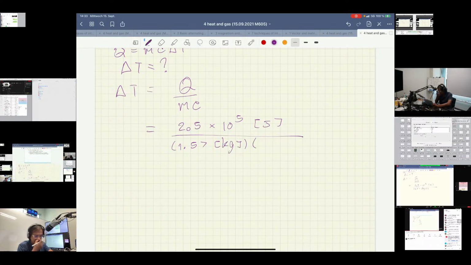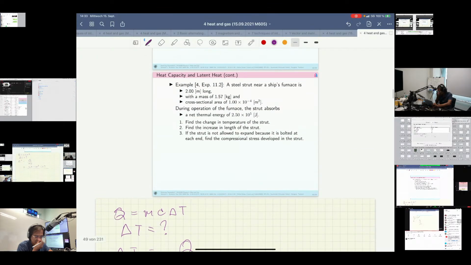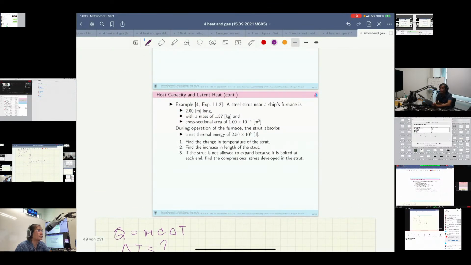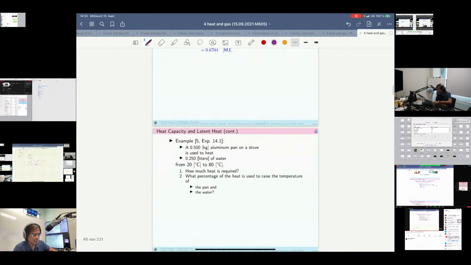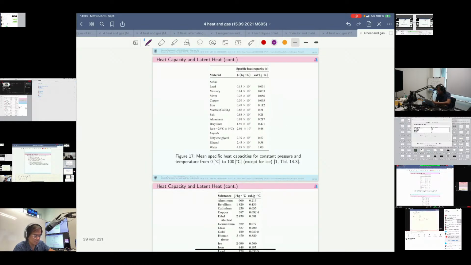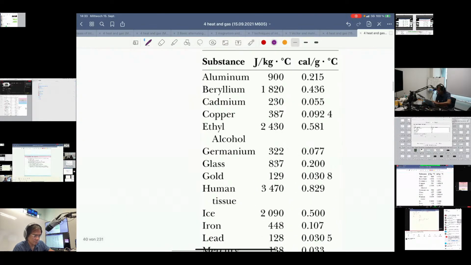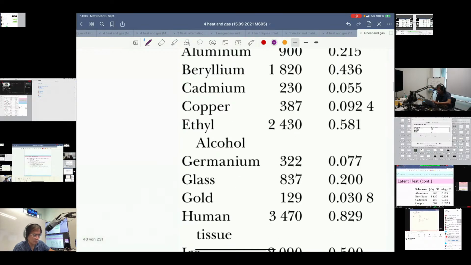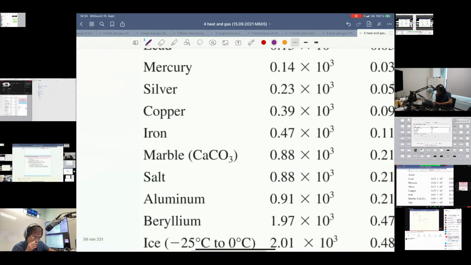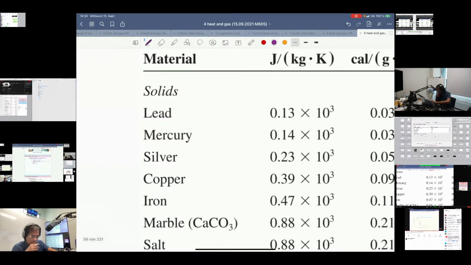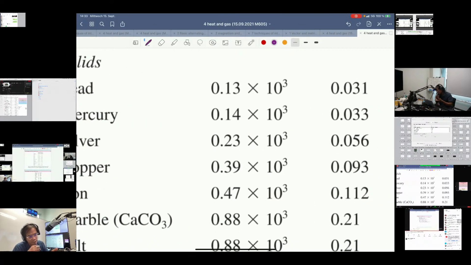And C is the specific heat of the steel. Assume that the steel is made of iron, so we have to go to the specific table for the iron, which is this one. Okay, 448. Or you want to use the value from this table, they say 0.47 times 10 raised to 3, so it's 470 or 448, right?